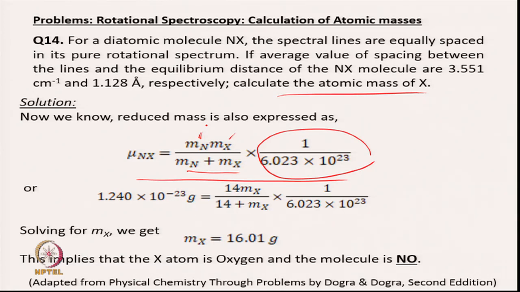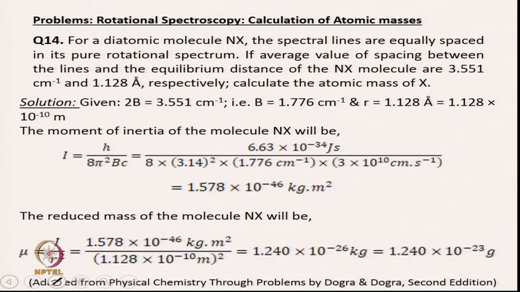If we take M N as molar mass, then we will divide it by Avogadro number. So, you know that 14 into Mx divided by 14 plus Mx into 1 by 6.023 into 10 to the power 23 is equal to mu obtained from before. So, the mu is 1.24 into 10 to the power minus 23.